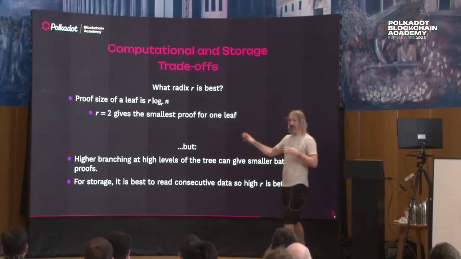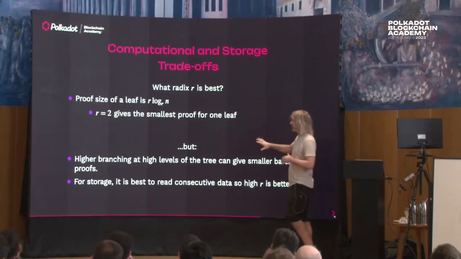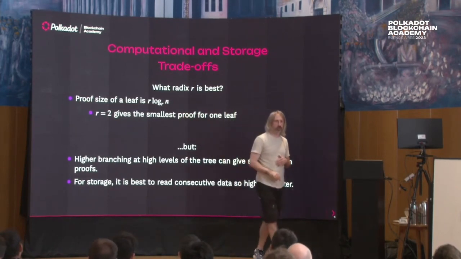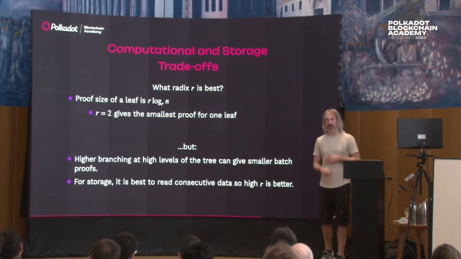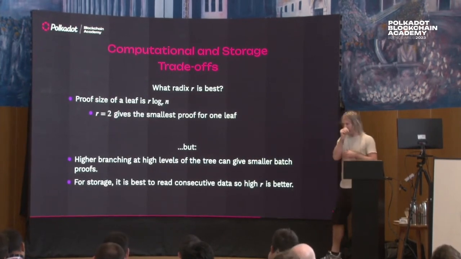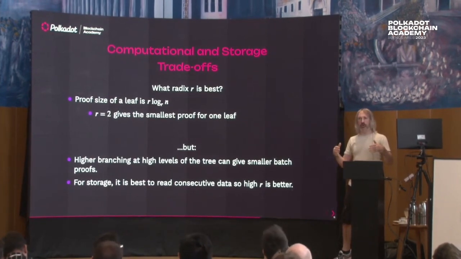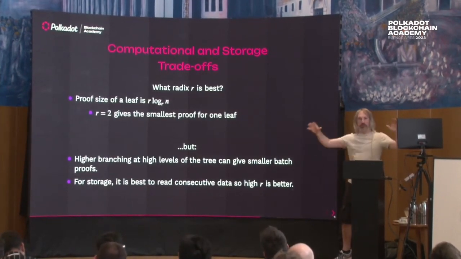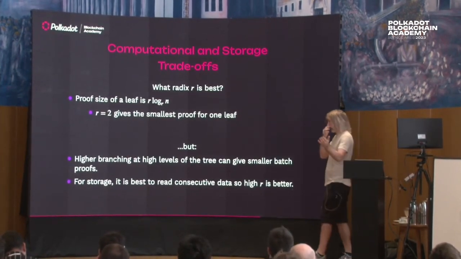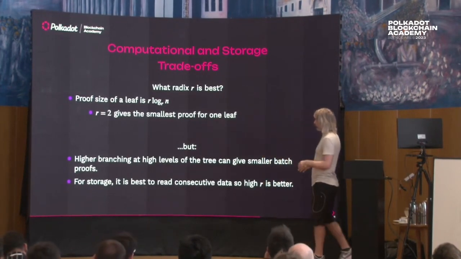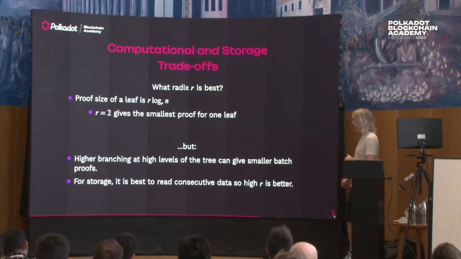So performance is partially a trade-off: do we want the smallest proof size, or do we want the fastest proof generation and usage on a node that stores everything, like a database on a full node, a node that is storing the full tree?